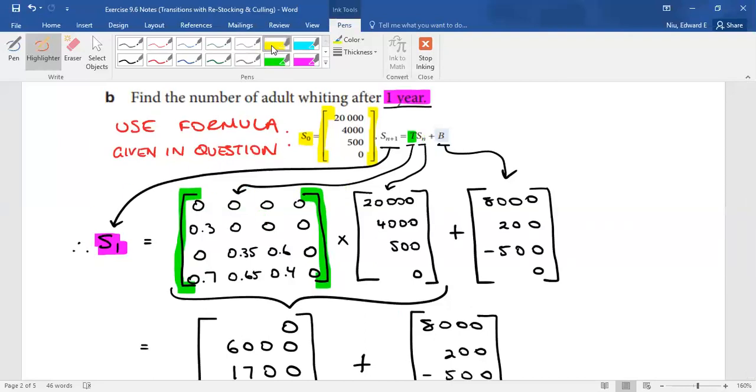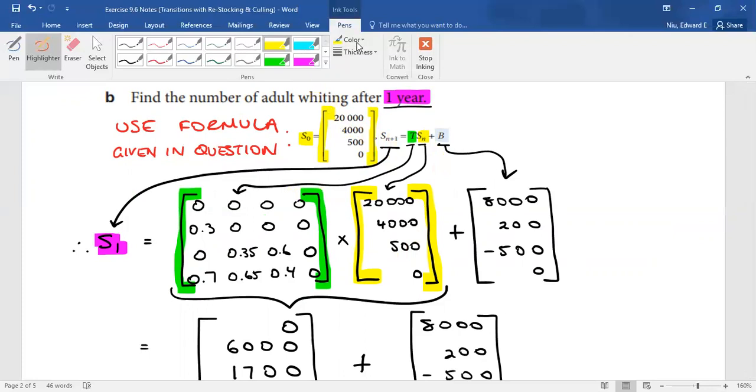And the year before in our scenario here is actually the S0. This is why we need the S0 to be able to find out year by year what the amount of adult whitings or eggs or deaths or babies are going to be. Without it, we just can't do anything with the formula.